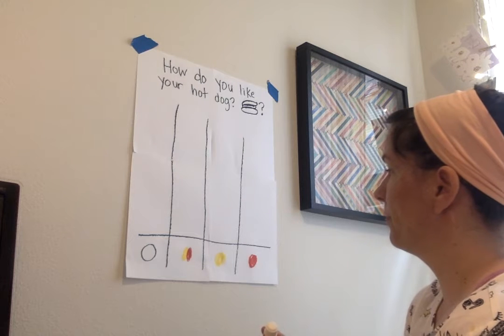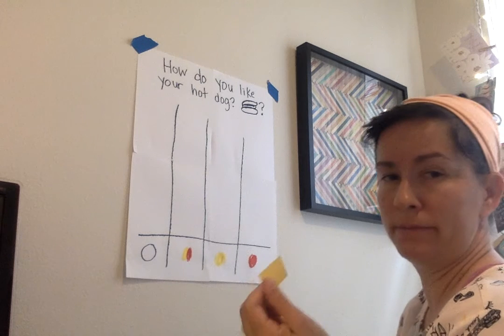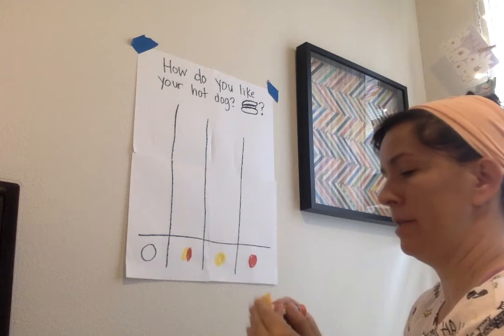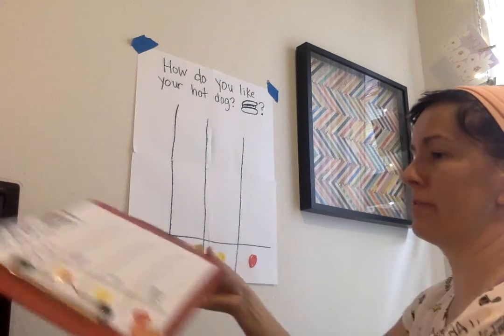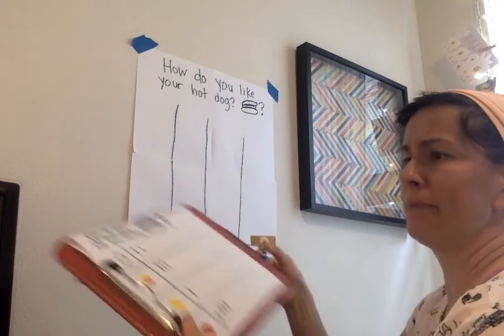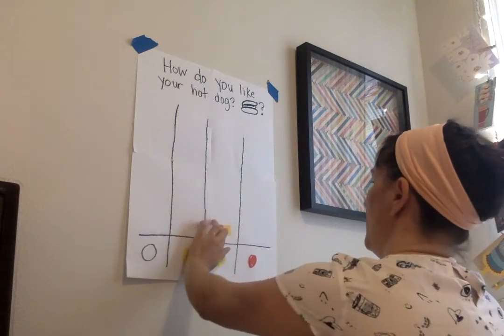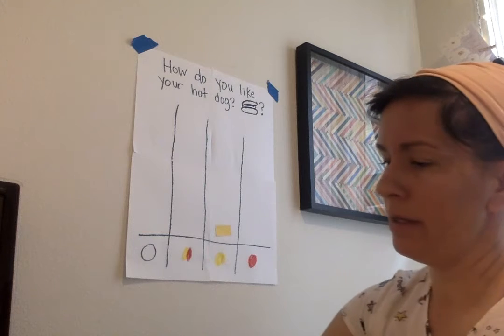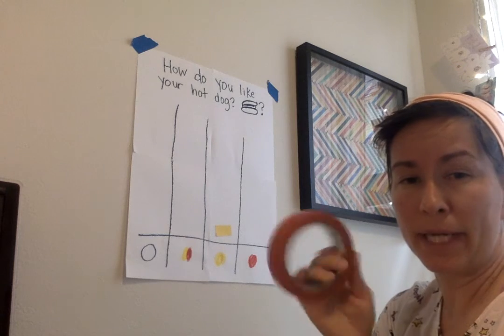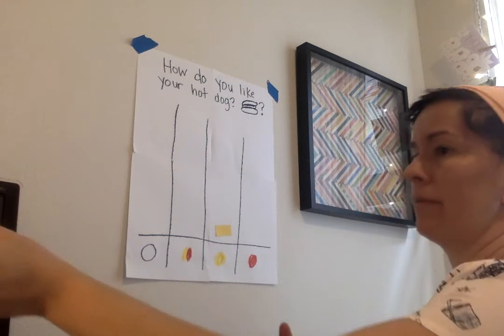So for example, for my mustard ones, let's see, I had how many for just mustard only? Just one, right? So I'll just put one little piece of yellow paper there. And then, oh, if you have tape, like I have red tape, let's see.